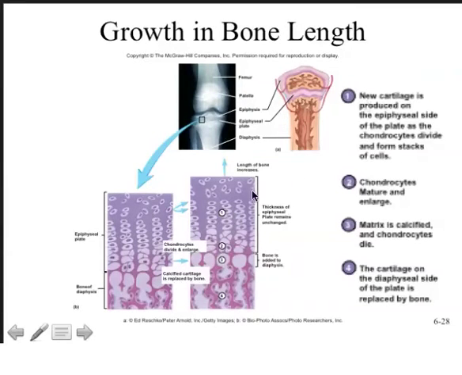You can see zone 1, 2, 3, and 4 as we move from epiphyseal side to the diaphyseal side, and you can see the process of chondrocyte reproduction, but also of the replacement of chondrocyte by bone in this transitional area.